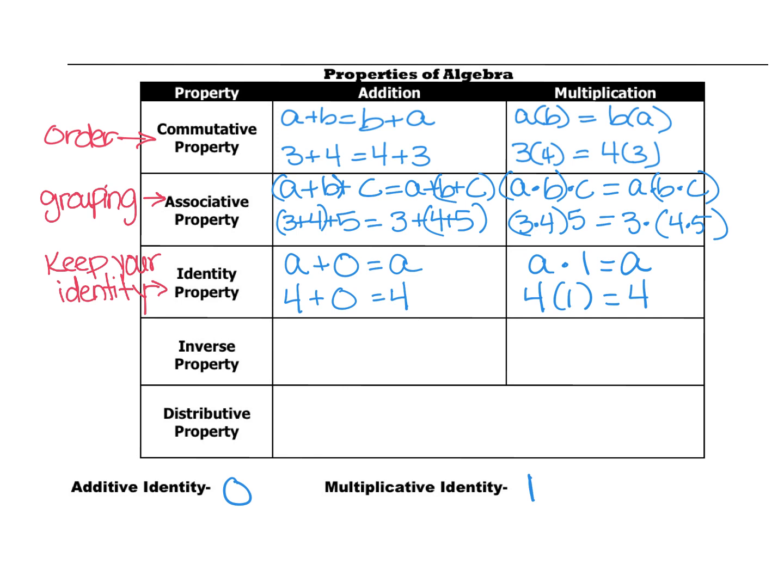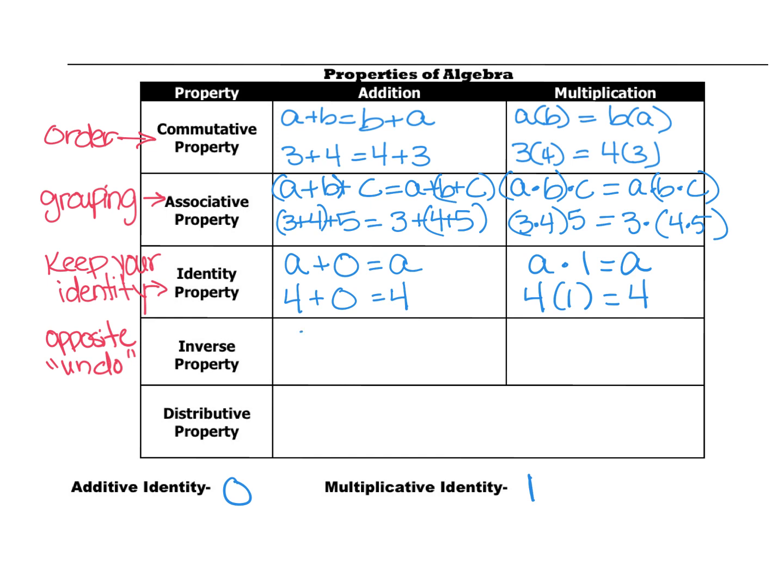All right, now the inverse property. Inverse is kind of what undoes something. It's the opposite. You would undo. So you're going to undo an operation. So for addition, to undo a number in addition, we would be looking at the opposite of positive is negative.